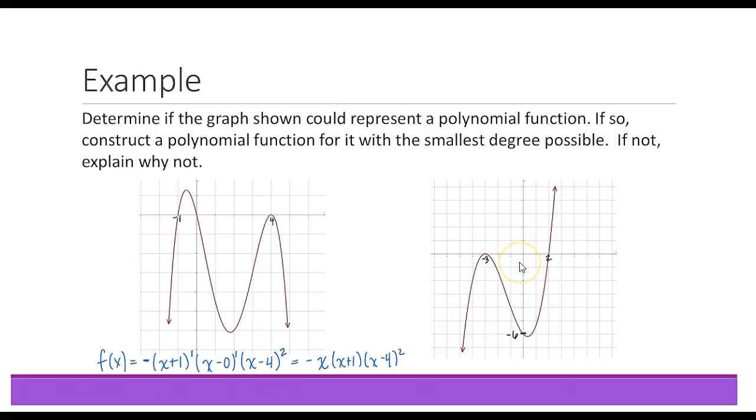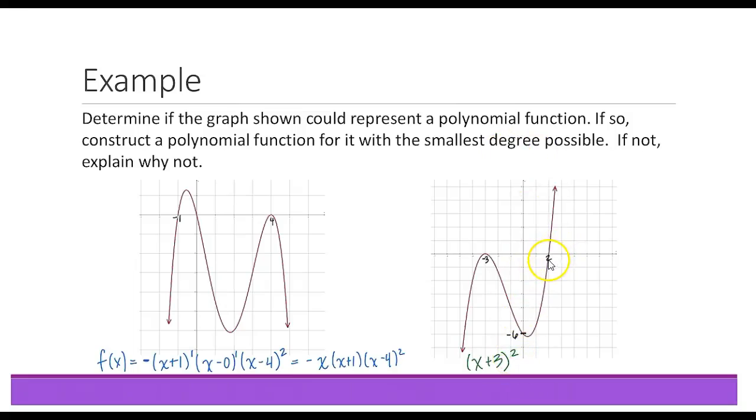Now looking at the next graph, this too represents a polynomial function because it is continuous and smooth. There's no sharp turns. So let's go ahead and think about what its equation might look like. We'll start with the x-intercepts. So we have negative 3 as an x-intercept, so that comes from a factor of x plus 3 with a multiplicity of 2 because it bounces, and we want to pick the smallest degree, so 2 is the smallest even degree.